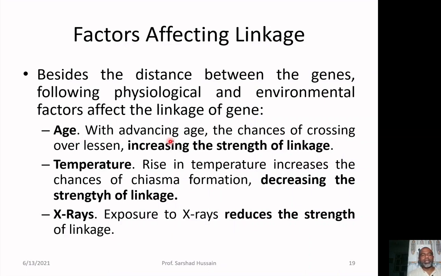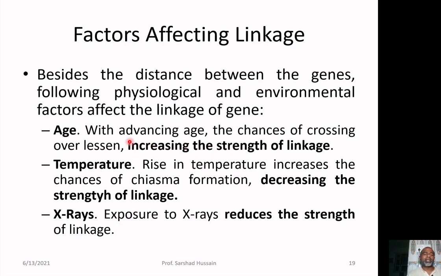When the individual is of more age, you have less chance of crossing over during meiosis. Hence, the strength of the linkage is more with advancing age. That means, the older the individual, the less the chance of crossing over and the less the chance of breaking of the linkage.